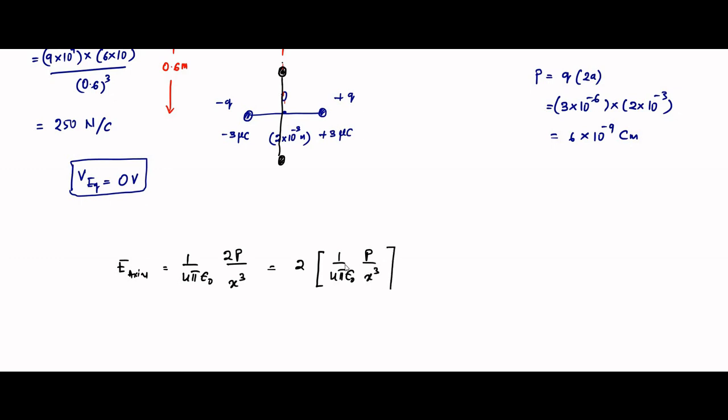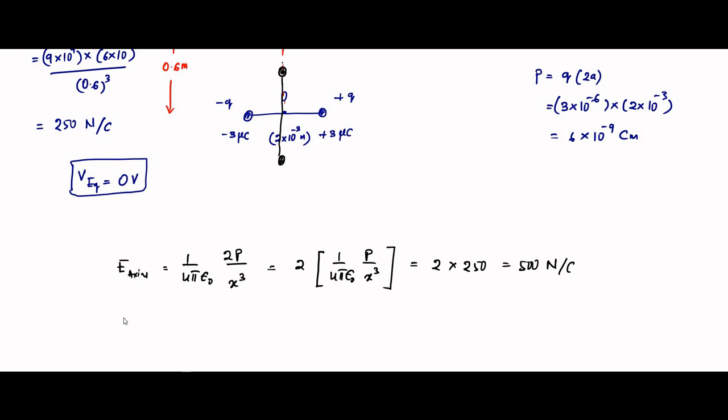We have already calculated that as 250 Newton per coulomb, so it will be twice of that, 2 into 250, which is equal to 500 Newton per coulomb. That is the electric field.